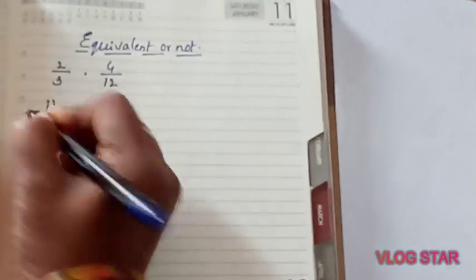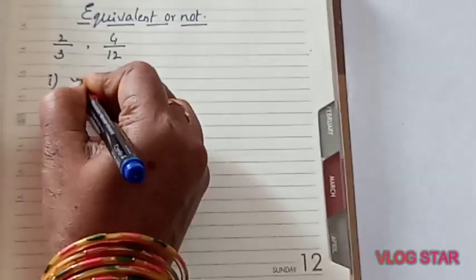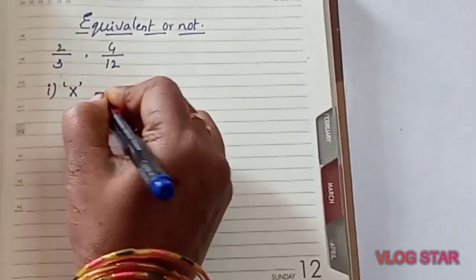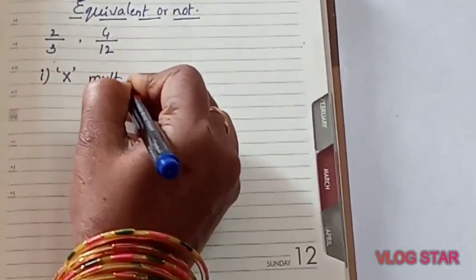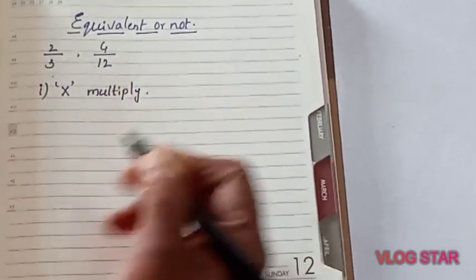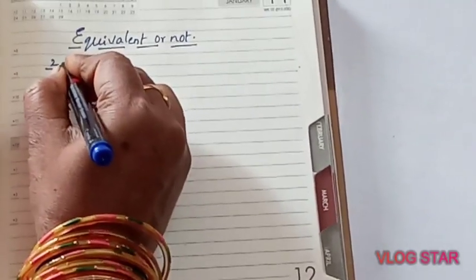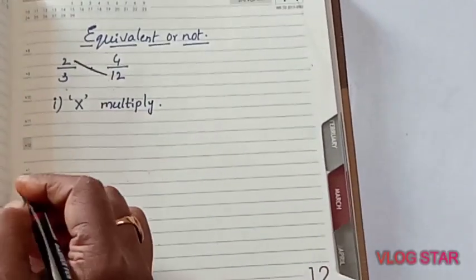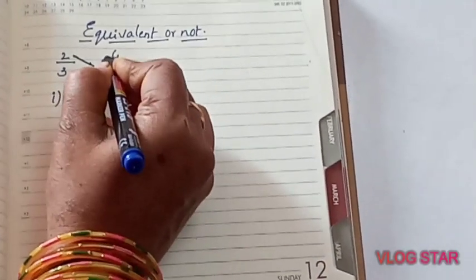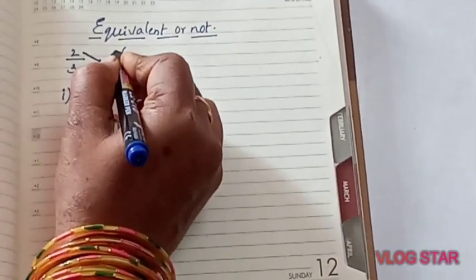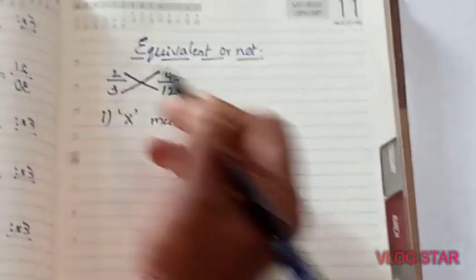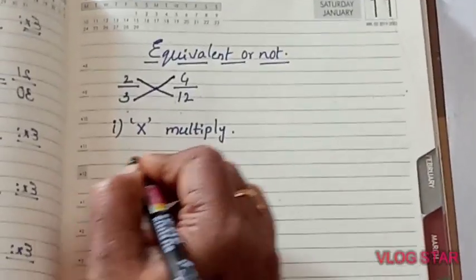For that, the first step is to cross multiply. What do you cross multiply? The numerator of the first fraction with the denominator of the second fraction, and the numerator of the second fraction with the denominator of the first.